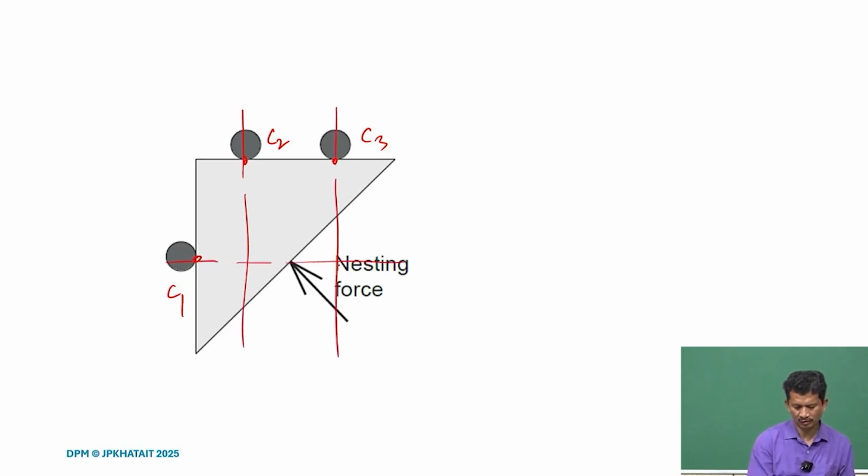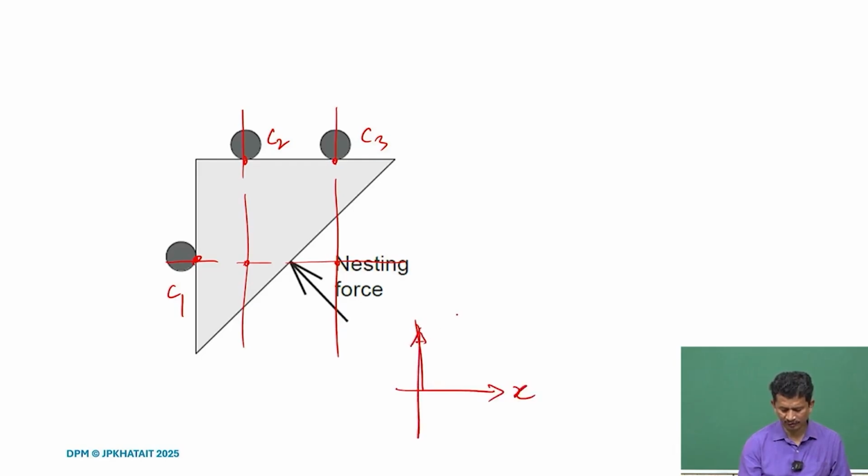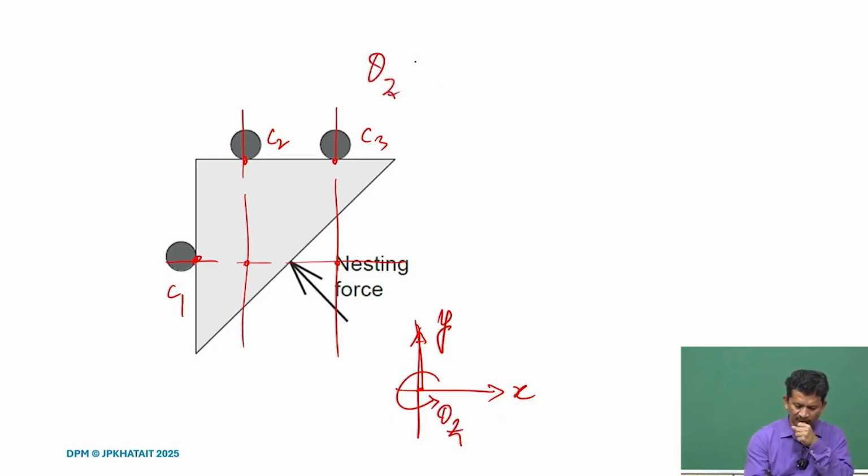I think this is straightforward: there are 2 ICs, and so it will constrain x translation, y translation, and if we talk about theta z, it will be constrained by C2 and C3 because they are parallel and with an offset.